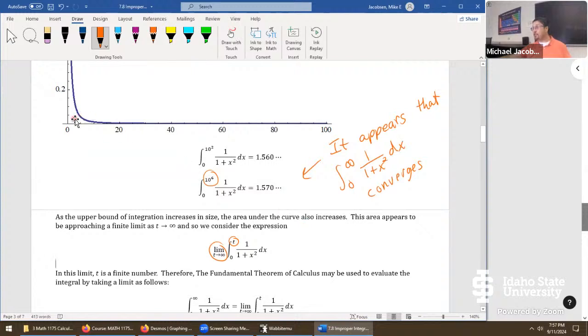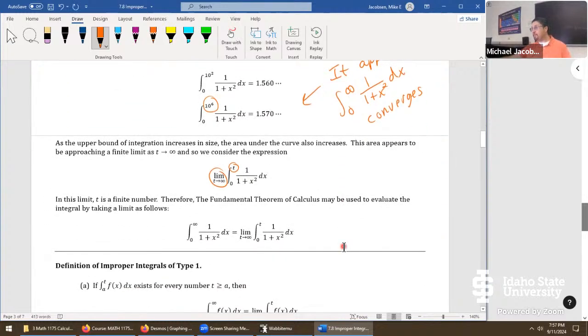We'll say the total area going off to infinity is also defined to be that number. So that's the idea behind all this. We convert this integral to a limit as t goes to infinity. So the infinity here gets wiped out and replaced with the variable. Kind of weird stuff, but that's what we're getting into next.